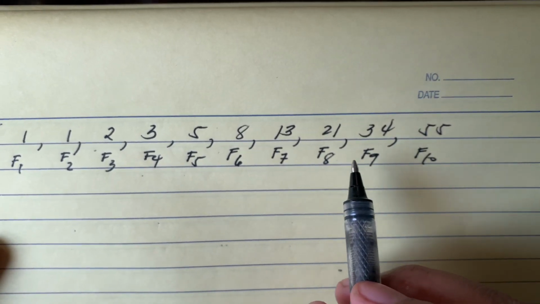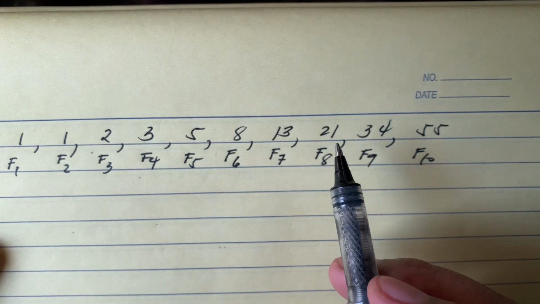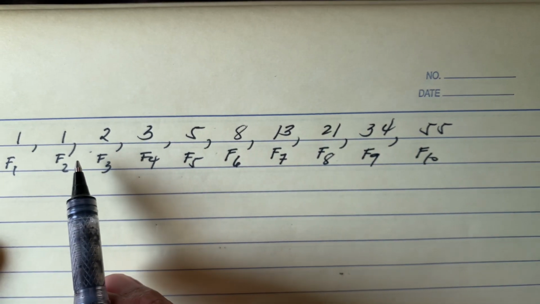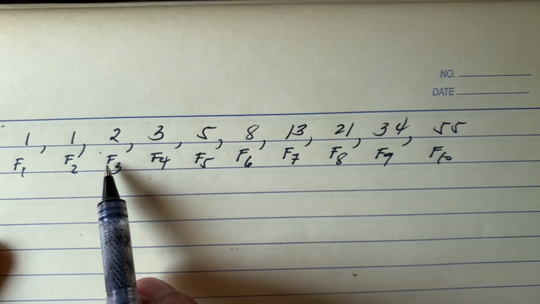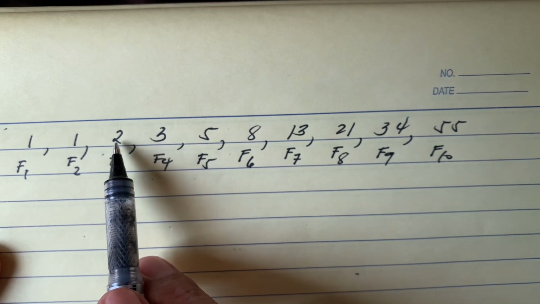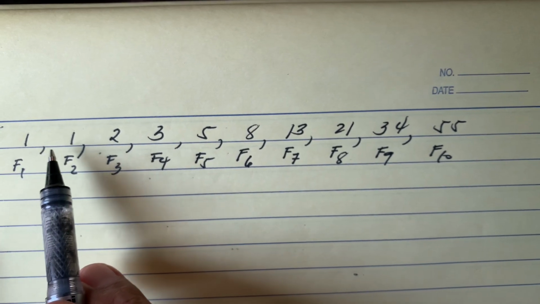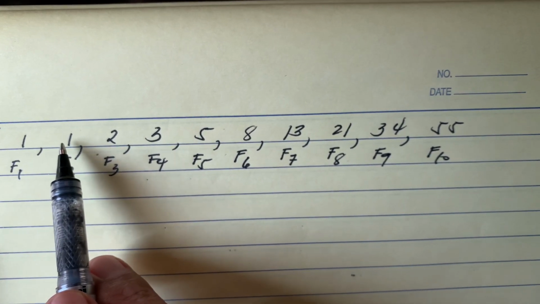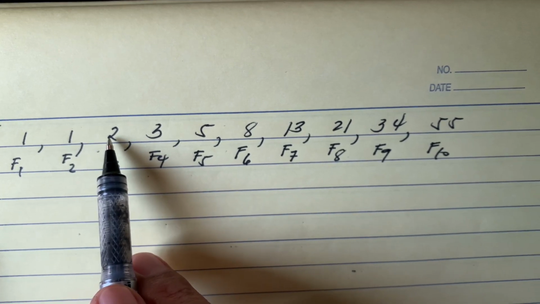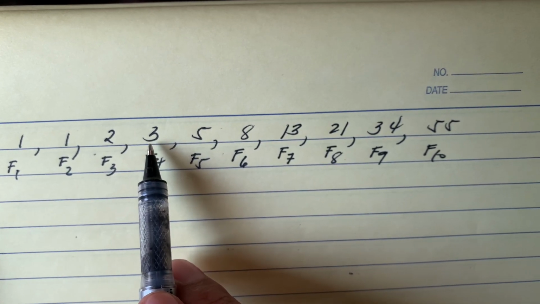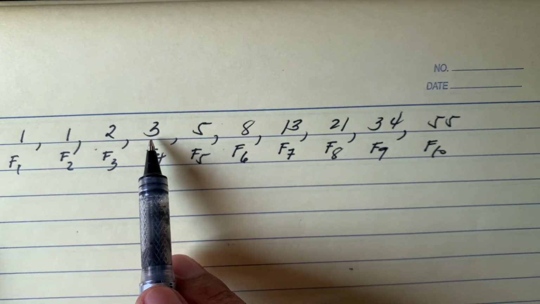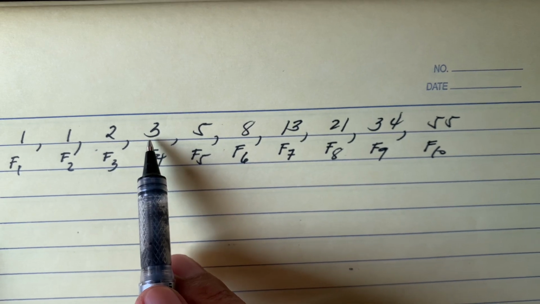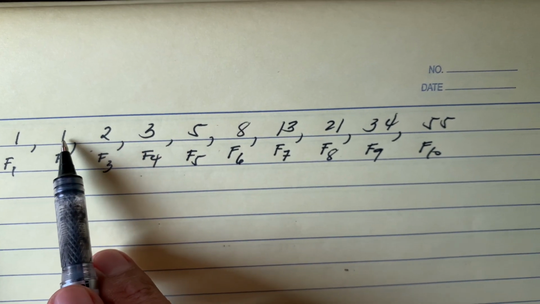You have to remember that in a Fibonacci sequence, to find out, for example, our third element, we have to find the sum of the two previous elements. So 1 plus 1 will be getting 2. And to find out our fourth element is simply adding the last two elements, which are 1 and 2.